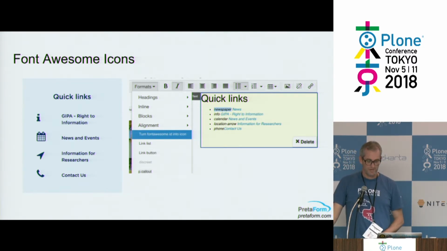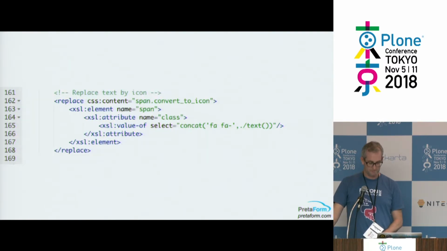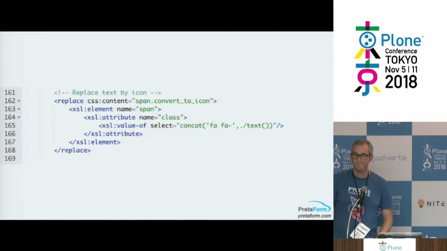So we now have a character style. You just tell people to go and have a look at the Font Awesome site, pick the icon name, select it, pick 'turn Font Awesome name into icon', and it does the rest. And that's a little bit of Diazo, right?